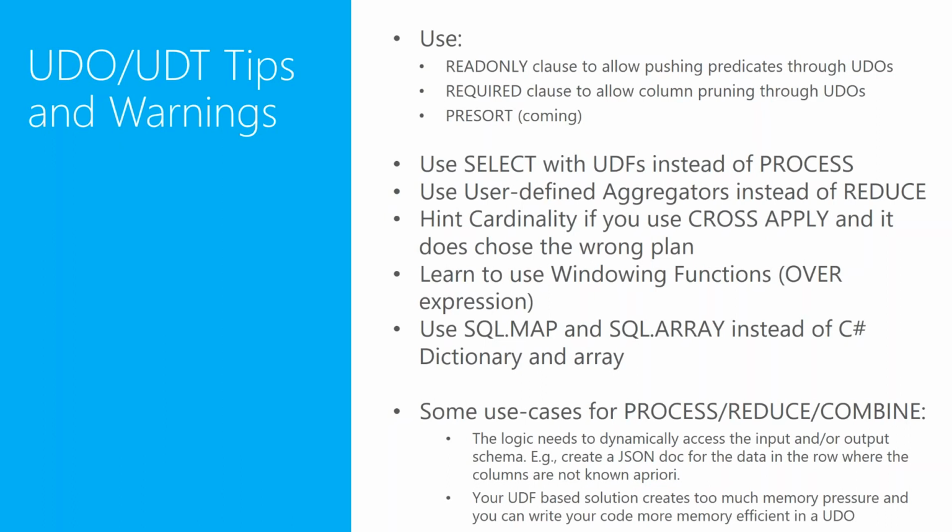If you want to do ordered aggregation, or aggregations where you need to see more than what you can see otherwise, you use a user-defined aggregator. You need to be able to write your own code, and that's what this is for.